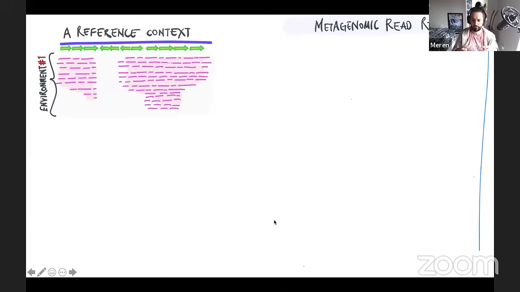So, for instance, one thing one can immediately recognize from this is that you have a reference sequence, you have a reference genome, and you have an environment that contains a population that is similar to the reference genome you have. But of course, the genome you have may not be identical to the members of this environmental population.